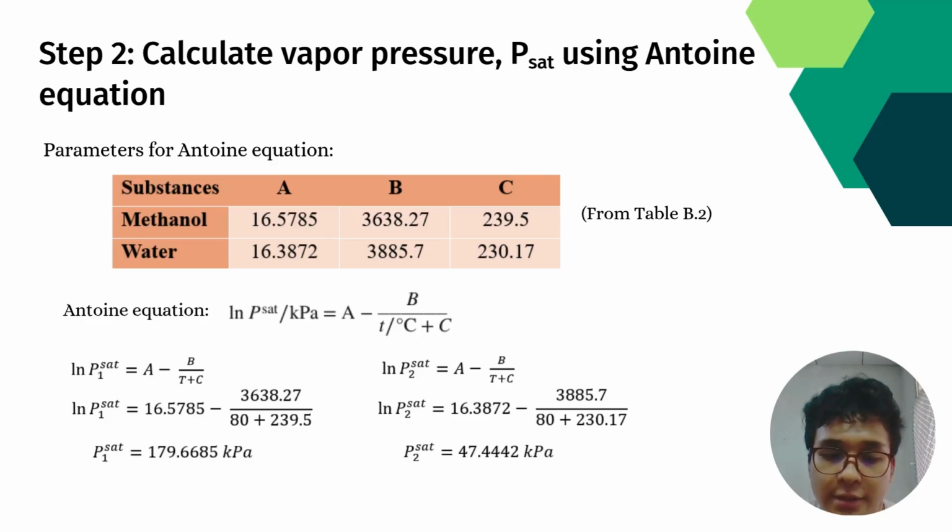By substituting everything into this equation, we get P1 sat equal to 179.6685 kilopascal for the methanol, while P2 sat is 47.4442 kilopascal for the water.